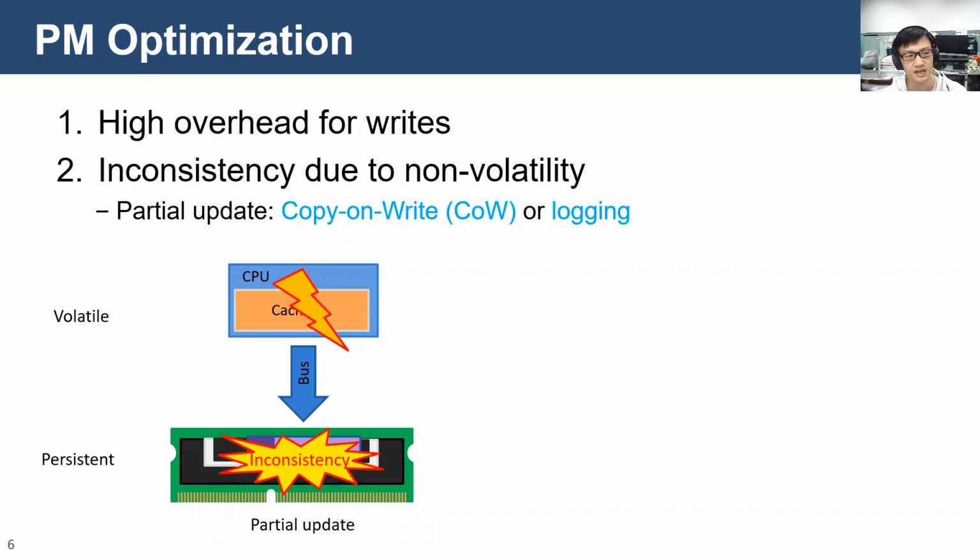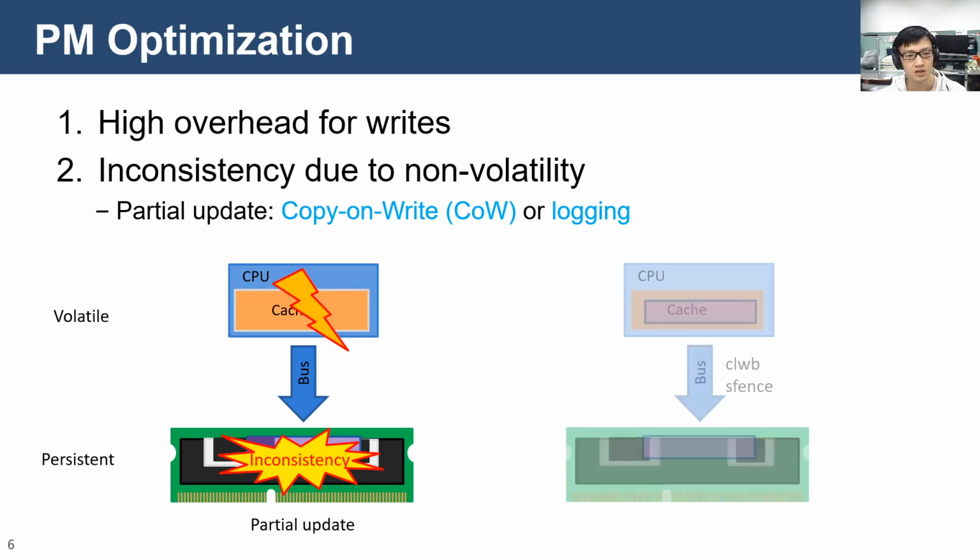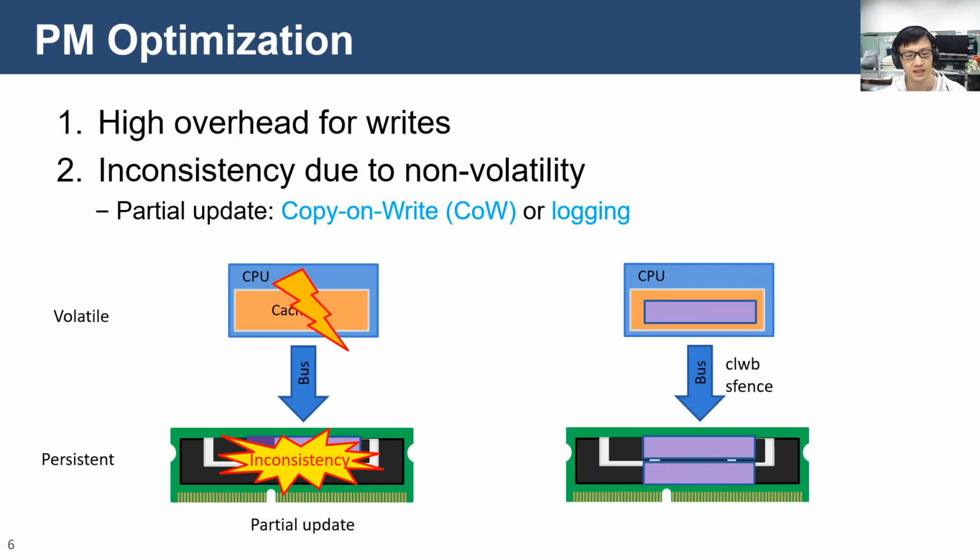To address the partial update, a straightforward way is copy-based copy-on-write or logging. Specifically, copy the data to be modified and persist the copy in PM. The partially updated data after a crash can be recovered from the persisted copy in PM. However, the cost is 2 times write overhead.